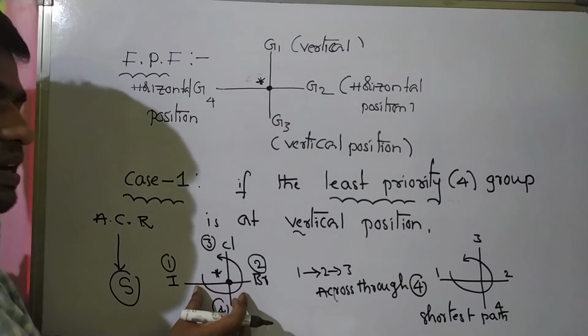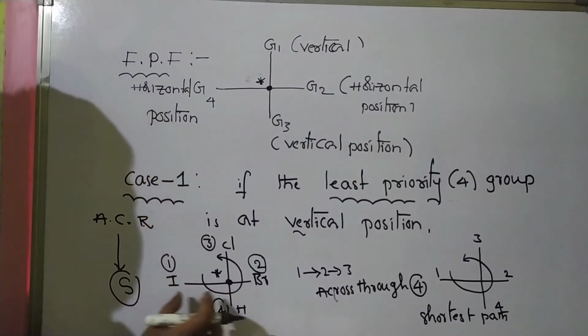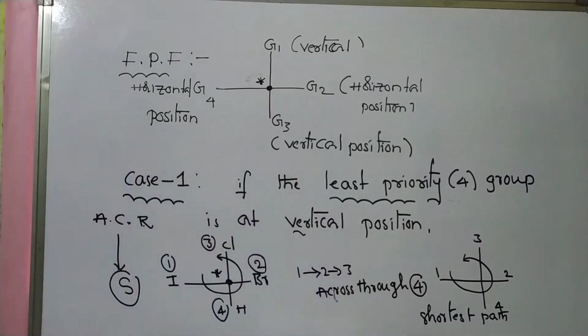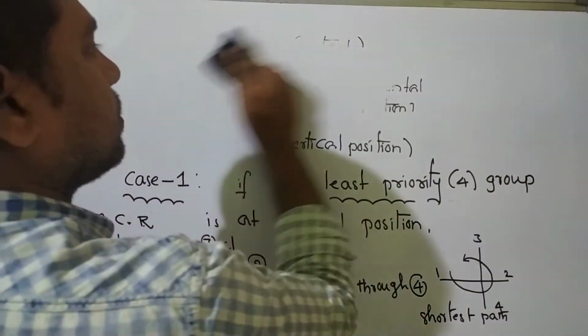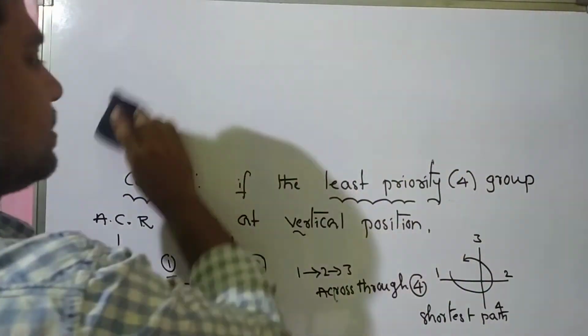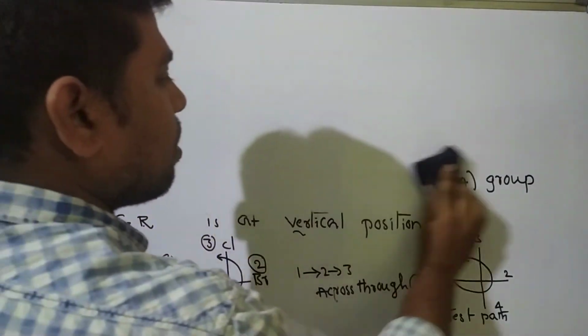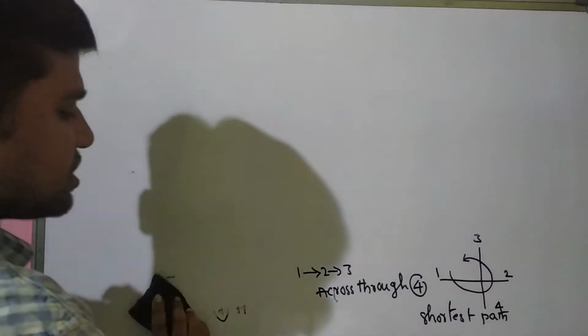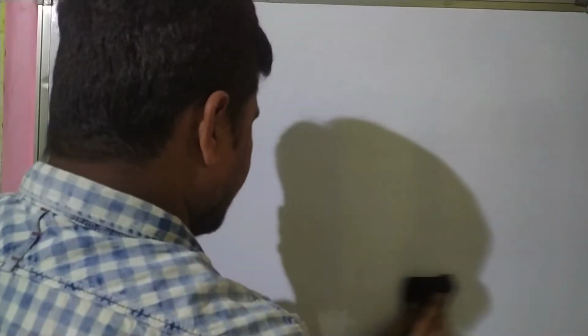So with anti-clockwise rotation, the isomer is definitely sinister, meaning S. Please note, it is a very easy concept. We must always select the shortest distance path and not select the longest path. Okay students, that is the simple trick.